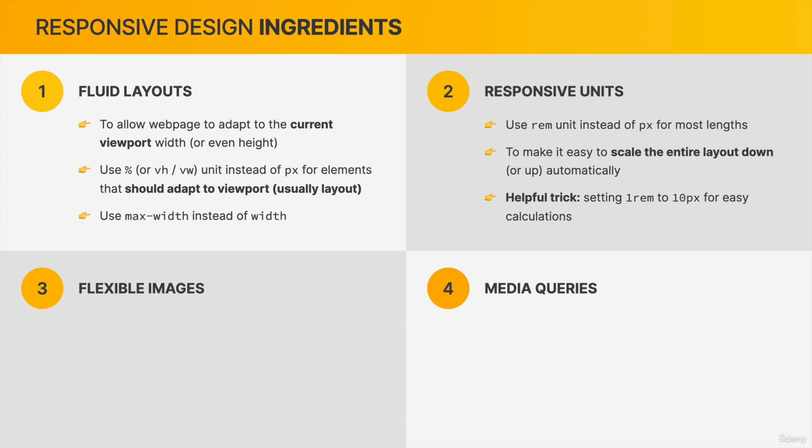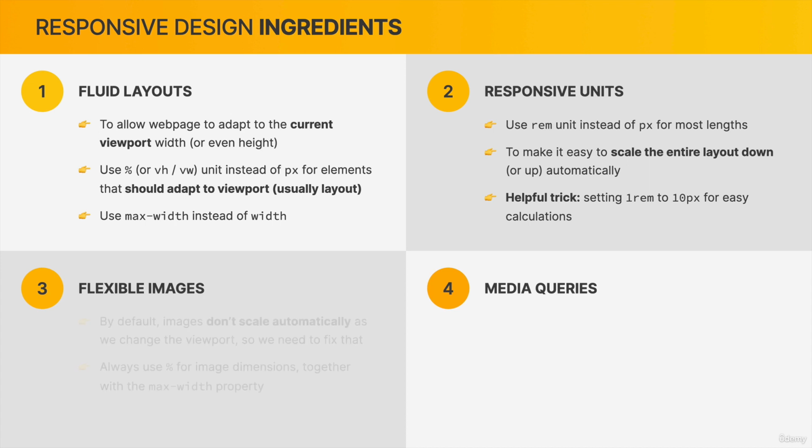And if that sounds a little bit strange, I can show it to you in the next lecture as well. Now here, one helpful trick that I will also show you how to implement in the next lecture is to set one rem to 10 pixels, because that makes it very easy for us to then calculate these lengths. And again, more about that in the next video.